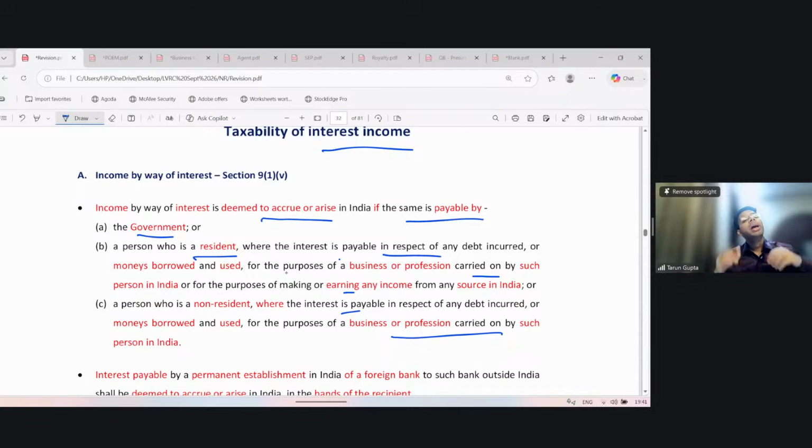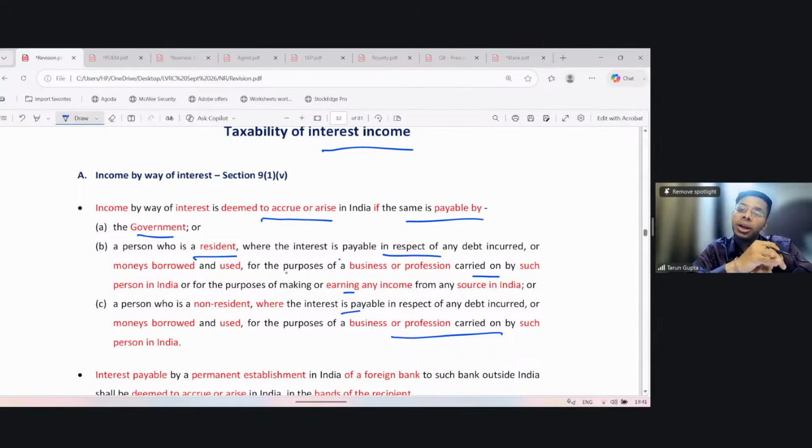In a nutshell, if the payer is the government, then such interest shall always be deemed to accrue or arise in India. If the payer is any person other than the government, then such interest shall be deemed to accrue or arise in India only if the money borrowed has been used for business or profession in India, or in the case of a resident, for earning any income from any source in India.